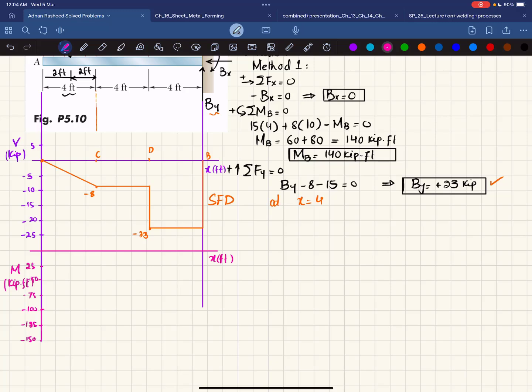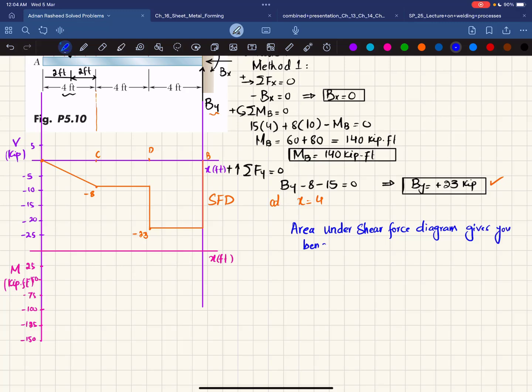Okay. Now, what we will do is that you can see that area under the shear force diagram gives you the bending moment.